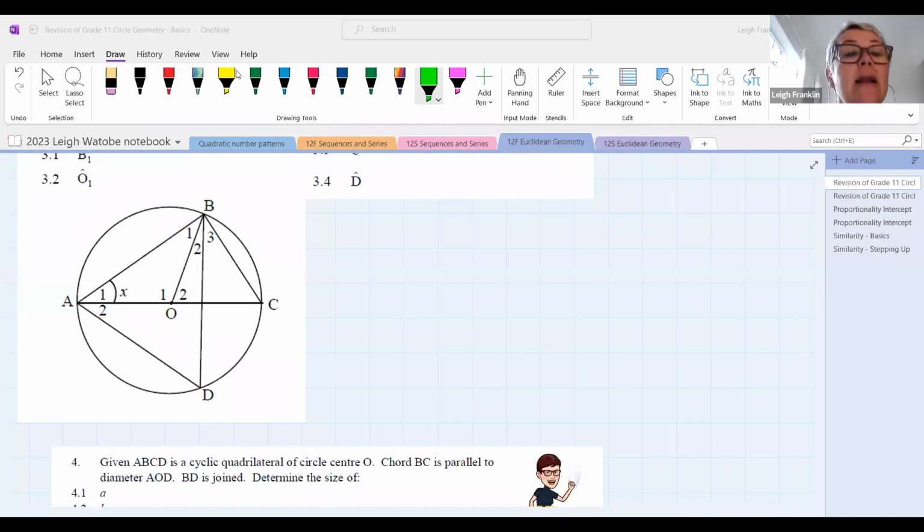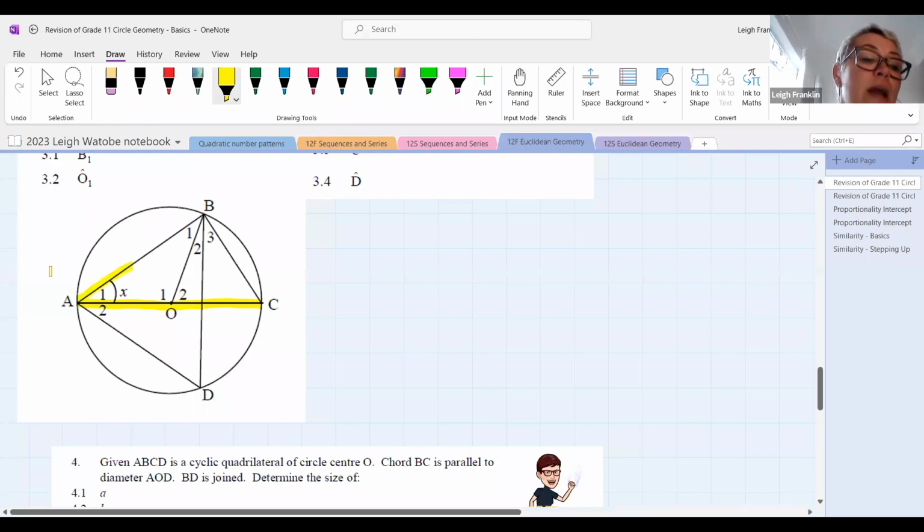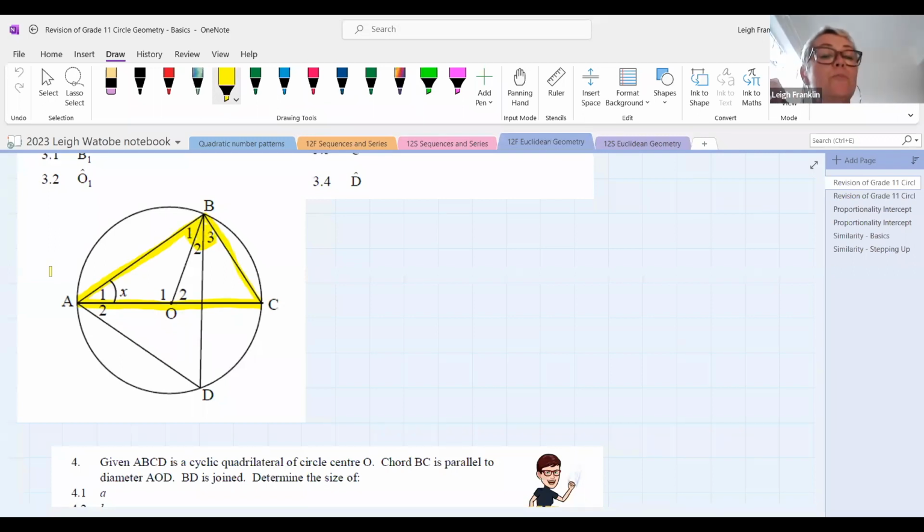I'm just going to highlight this for you, and then I'm going to rub it out again because it's going to interfere with what we're doing. There is our diameter, and our diameter subtends angle B at the circumference. So it is this entire angle here that is 90: B1 plus B2 plus B3 is 90.